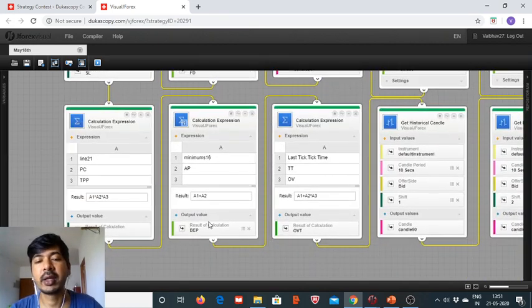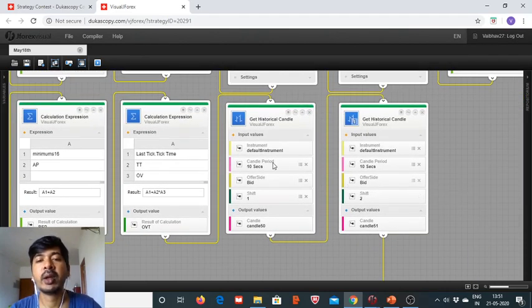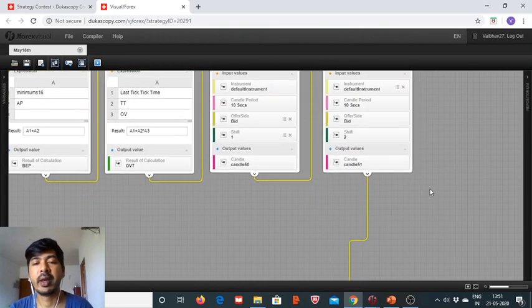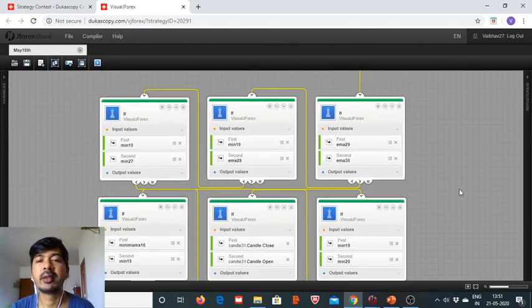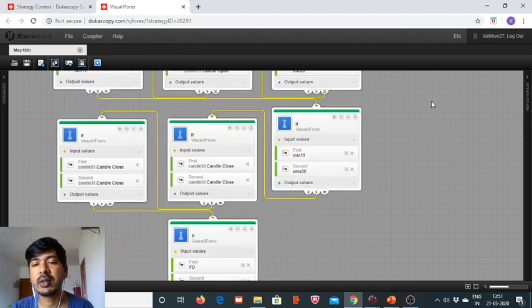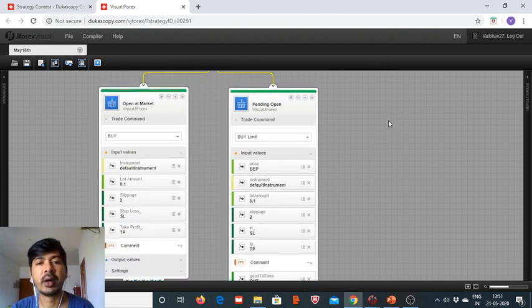We got this buy execution price, the order validity, and then these candles of 10 seconds each for getting a precise entry point. And then we got this buy side done in yesterday's session. So here we have defined all the necessary conditions, and then we went for two types of orders.